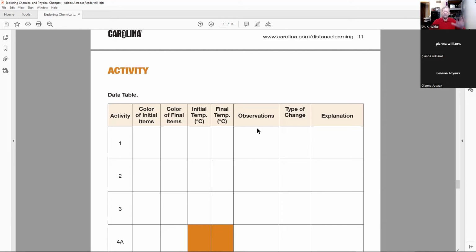If it did any of those 5 things, that type of change would be a chemical change. If it just changed its physical state from a gas, liquid, or solid, that's a physical change. And I don't know, maybe one of these is neither.